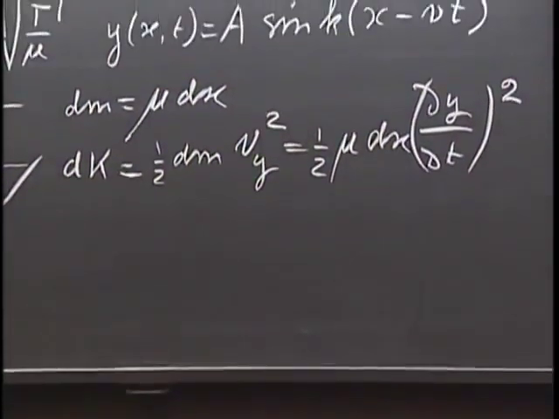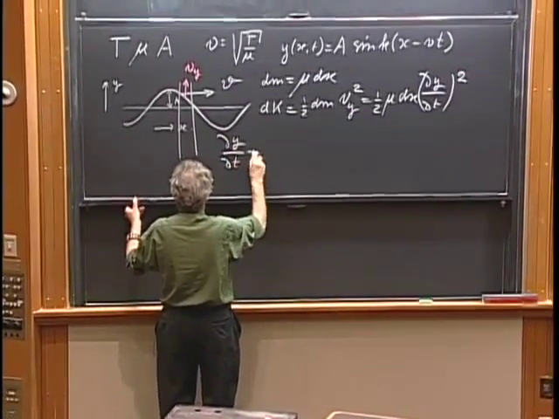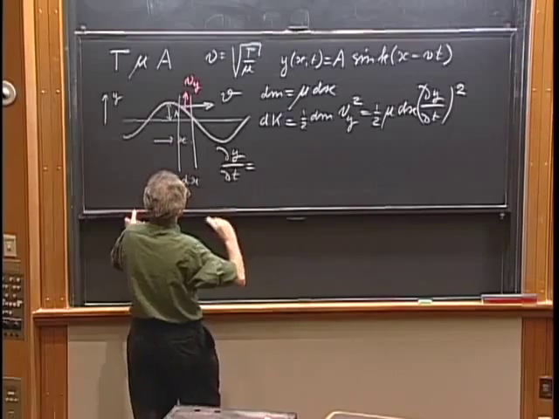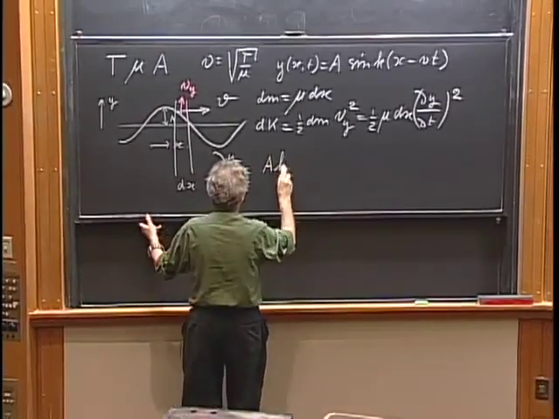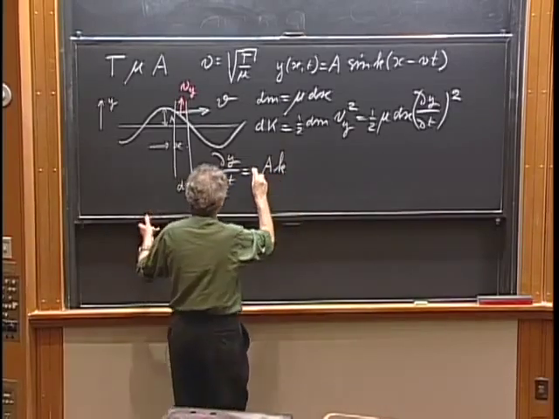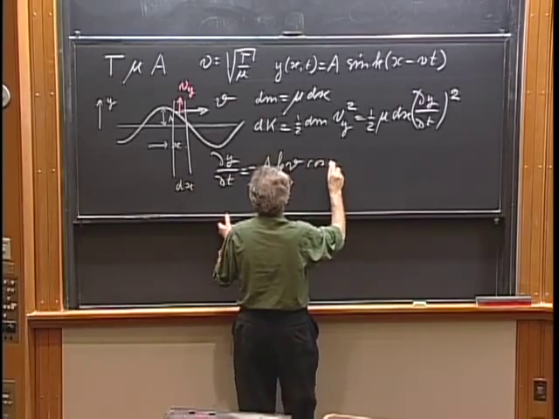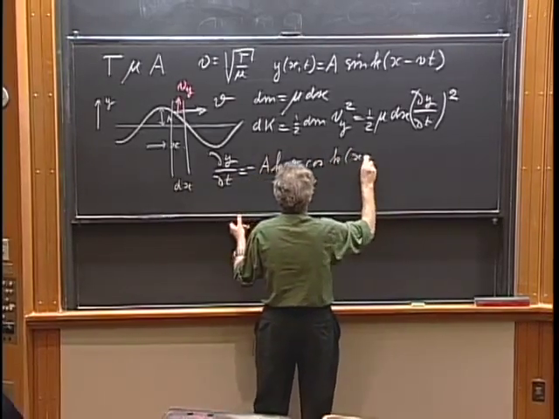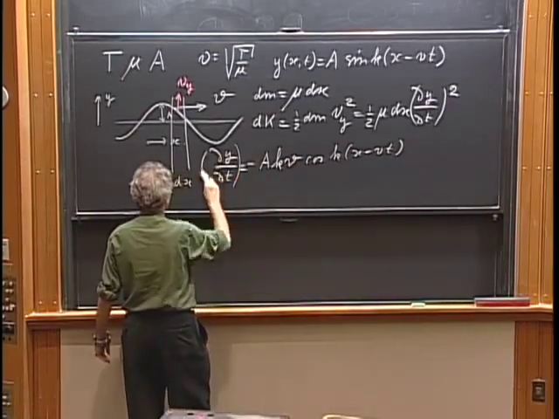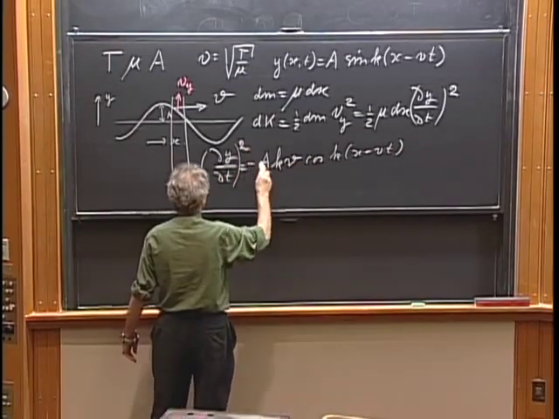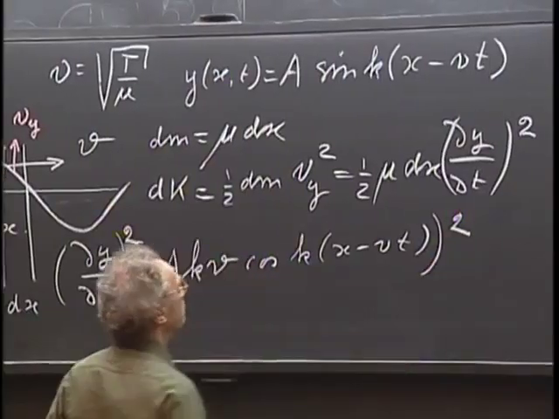Well, that's easy because we have the function there. So dy/dt equals, first I get A, then out pops a k, then out pops the minus v, and then the sine becomes a cosine. Cosine of k times x minus vt. But I have to square that. So I have a square here, and I get a square here.